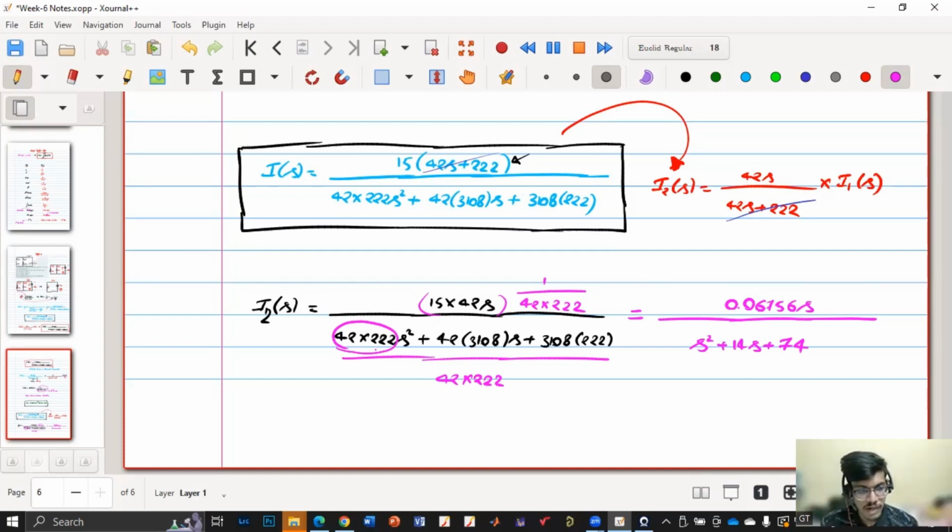So we have just divided by 42 into 32, both in the numerator as well as the denominator.